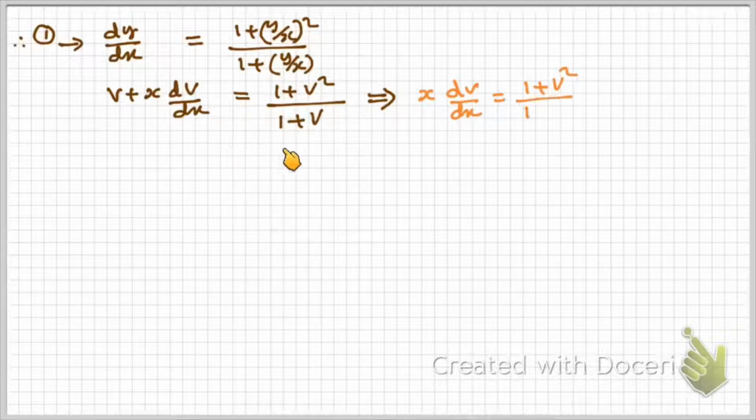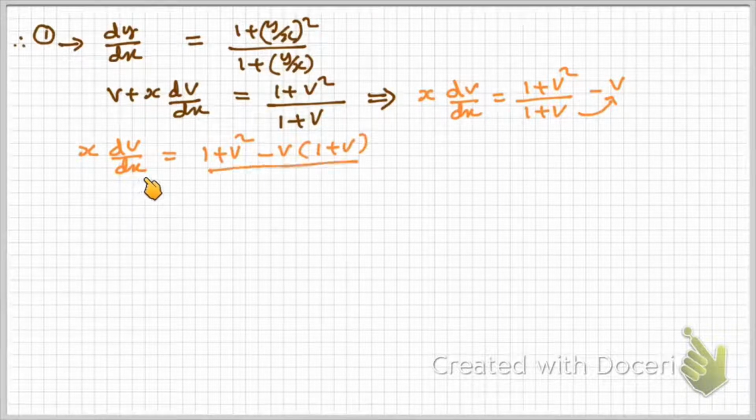So x dv by dx is equal to, I subtract v from both sides. There is a v here. I shift it to the other side. It becomes minus v. And then I take LCM. This 1 plus v goes up there. So I get minus v into 1 plus v divided by 1 plus v.